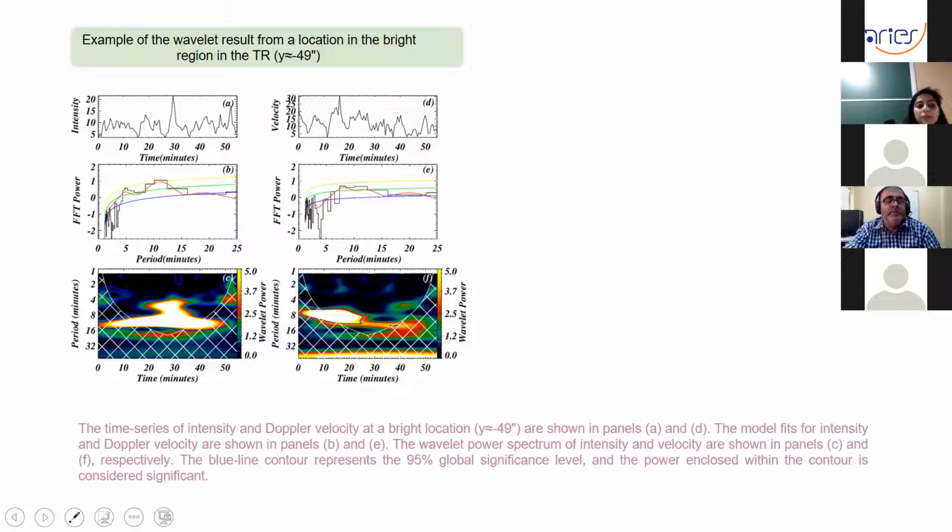And you can see the blue contour here. The blue contours are the significant contours, and this is very important. In wavelet analysis, if the power lies within the significant contour, then only the power is considered significant, and the period corresponding to this significant power is considered reliable. So it is very important to estimate these significant contours.